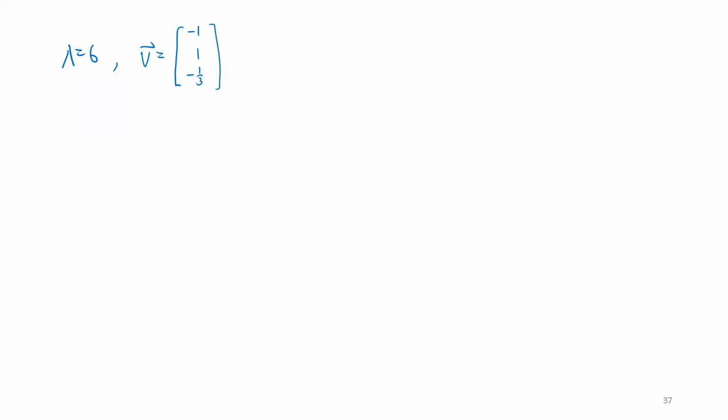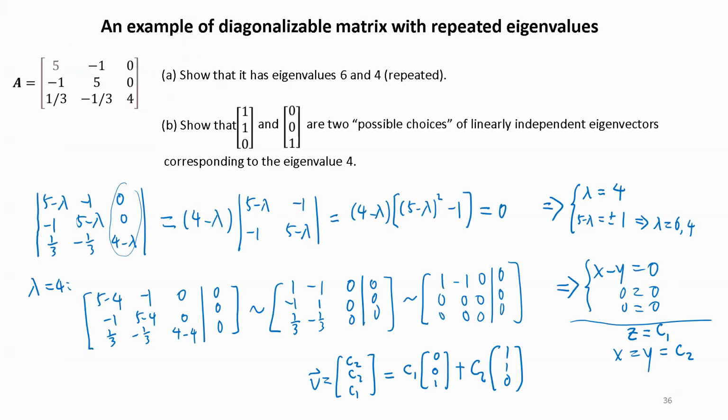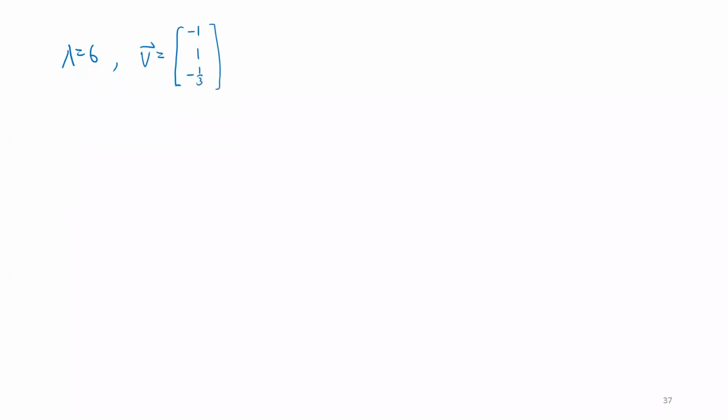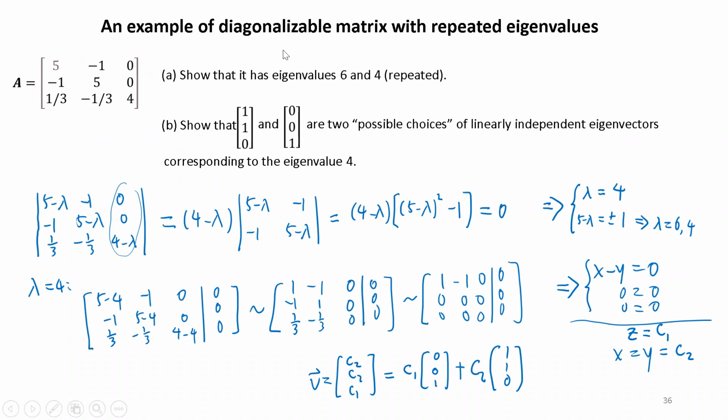And in this case, we again have 3 linearly independent eigenvectors. And if you want to diagonalize this matrix, you can do that. Okay, so that's the end of this part of the chapter.